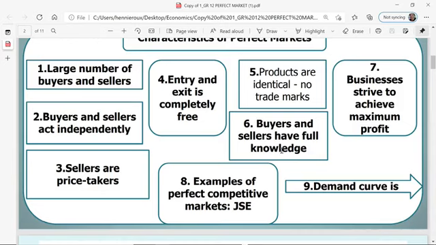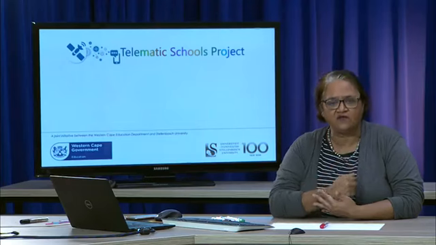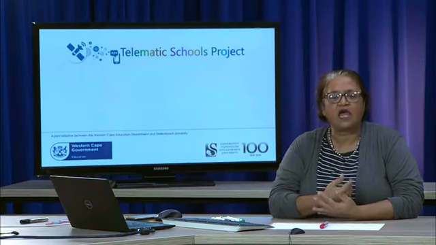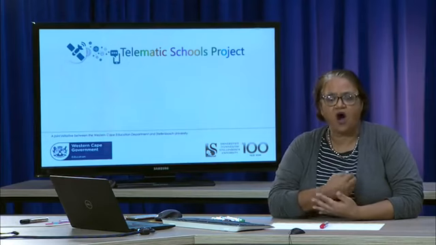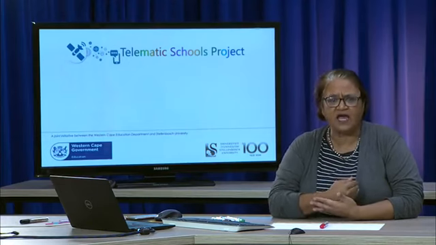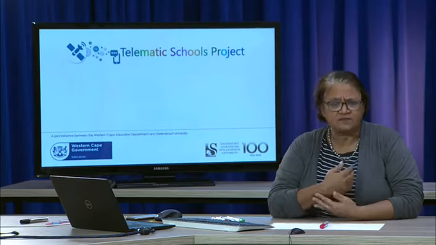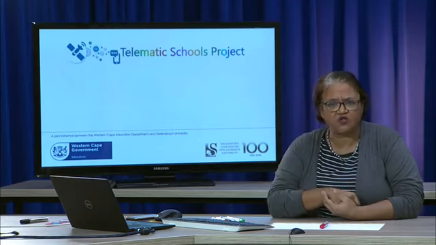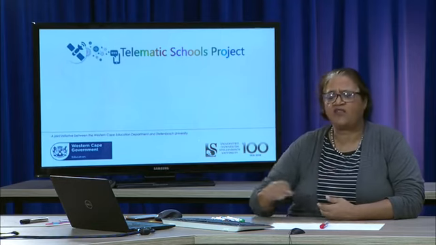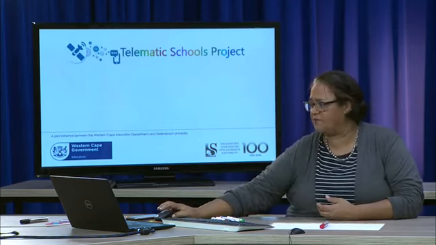So what do we mean when we say the buyer and seller has full knowledge? It means that both the buyers and the sellers are fully aware of what the current prevailing market conditions are. So they know what the price of the product is, they know where to access the product, so they have full knowledge of everything.